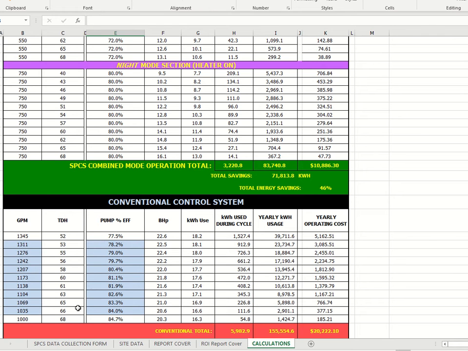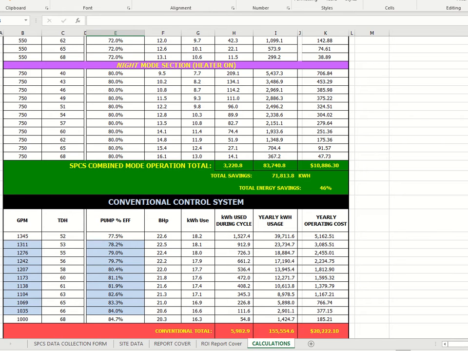A lot of times, however, you're going to find that you've got a pump where the best efficiency point is a little bit higher flow than the design point, and we can go back to the pump performance curve and we can gather information from the curve and all the data that's supplied by the manufacturer, and we can make this an even more accurate model.